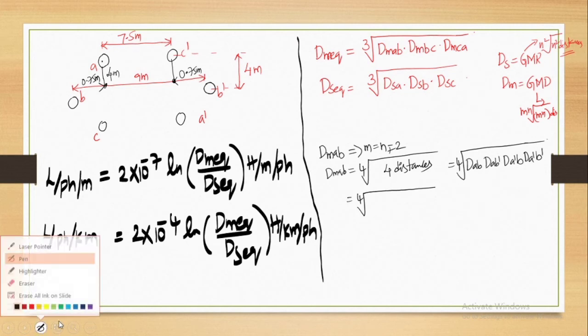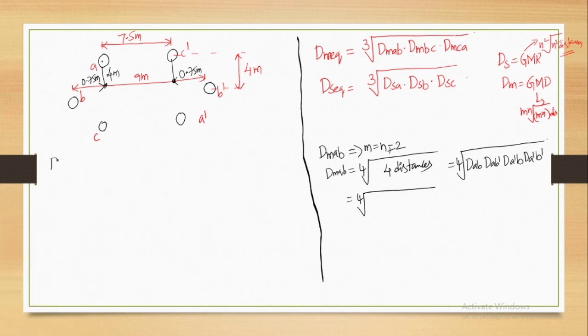Can I create some space here in order to find all these things? DMAB is equal to the fourth root of DAB, DAB dash, DA dash B, DA dash B dash. Now what is DAB?